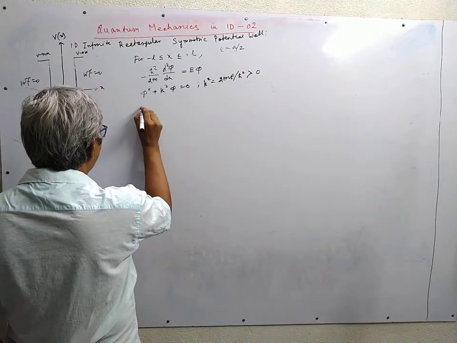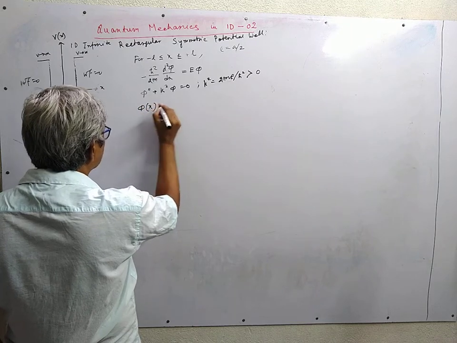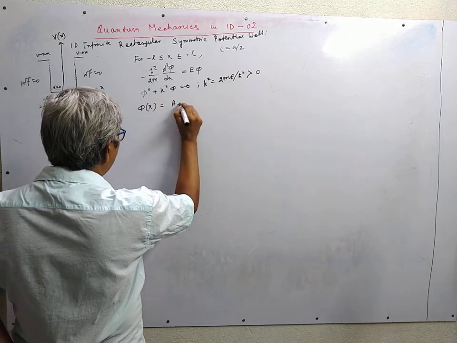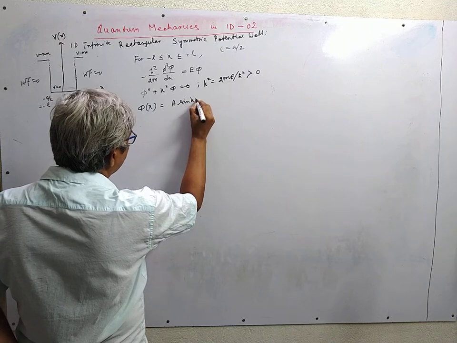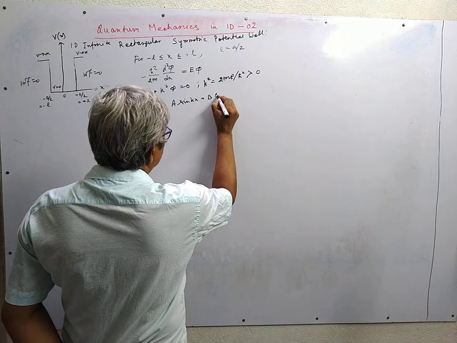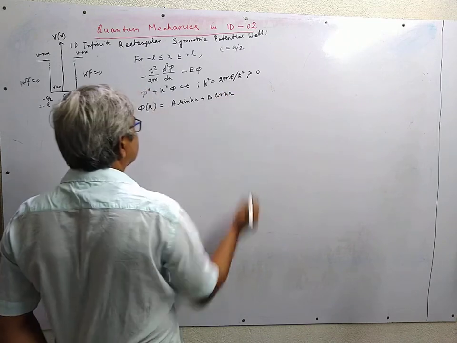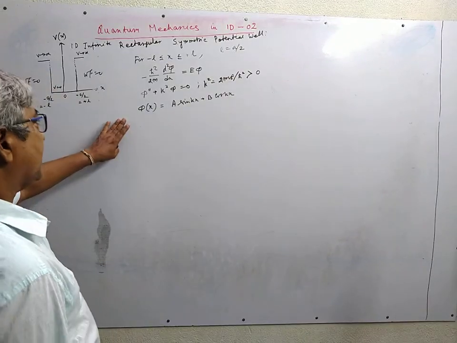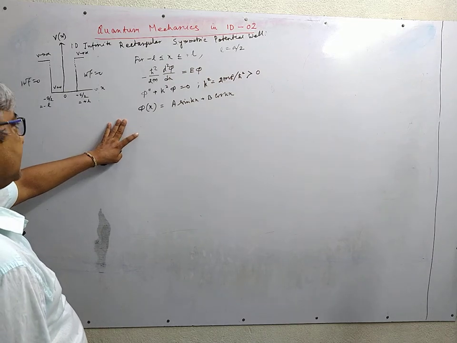The solution of this is psi of x is equal to A sine kx plus B cos kx. Up to this we have done exactly the same in the last class.